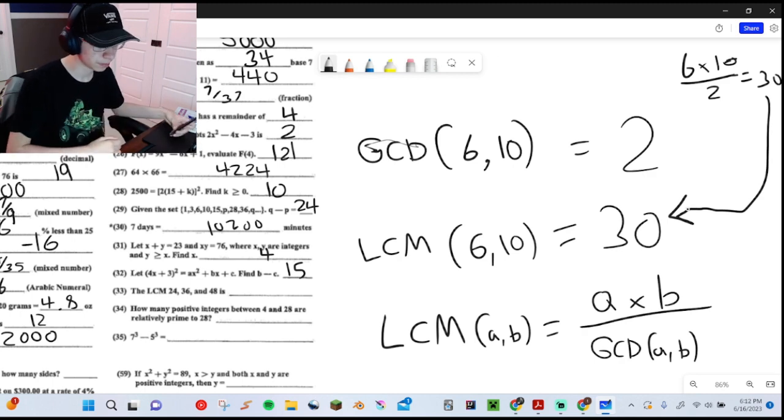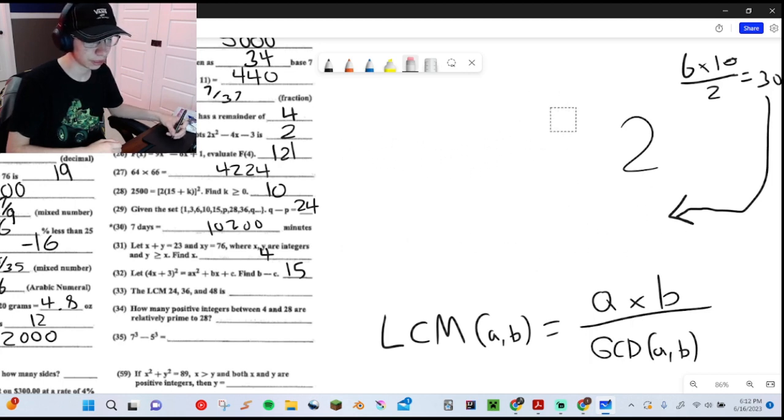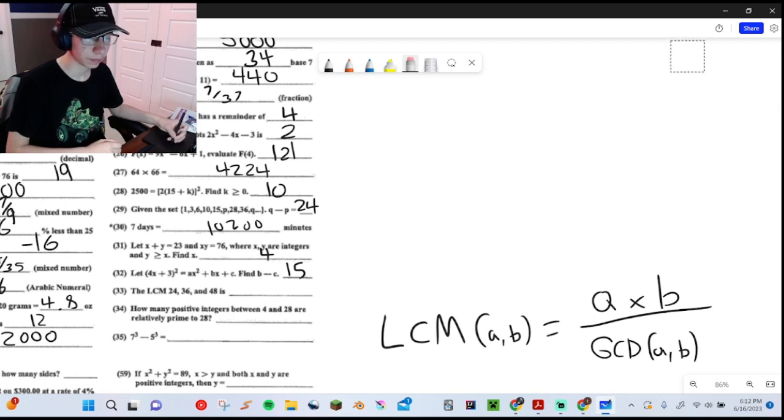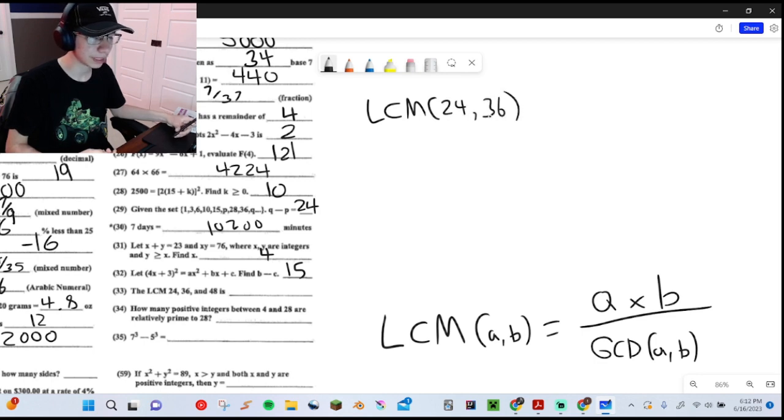And so, to tackle this question, we're going to keep this formula in mind. We want to find the LCM of 3 numbers, though. We have to work 2 at a time. So first, let's find the LCM of 24 and 36, and then we'll get the LCM of whatever that is, and 48.